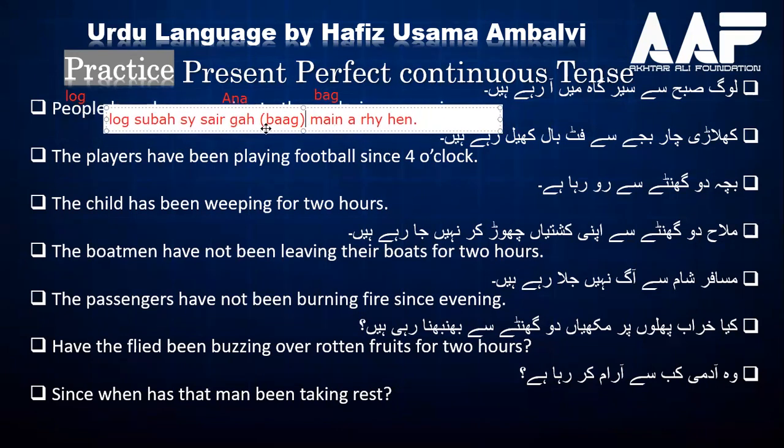And the second sentence is: the players have been playing football since 4 o'clock. First of all, you have to write the subject, then the time limit, and after that the object, then the verb, and after the verb the sentence influence, showing that this is present perfect continuous tense. So you have to write aa rahe hain or rahe hain.